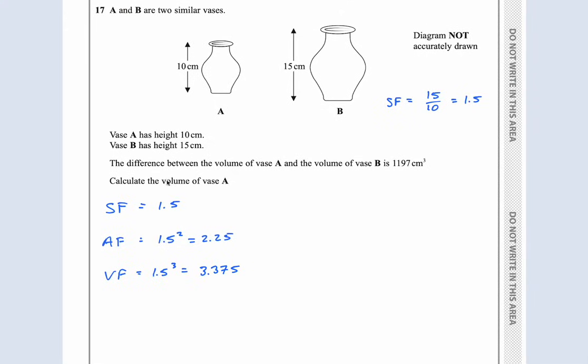Okay, then he says, the difference between the volume of vase A and the volume of vase B is this. And we're trying to find the volume of vase A. Let's call the volume of vase A x.